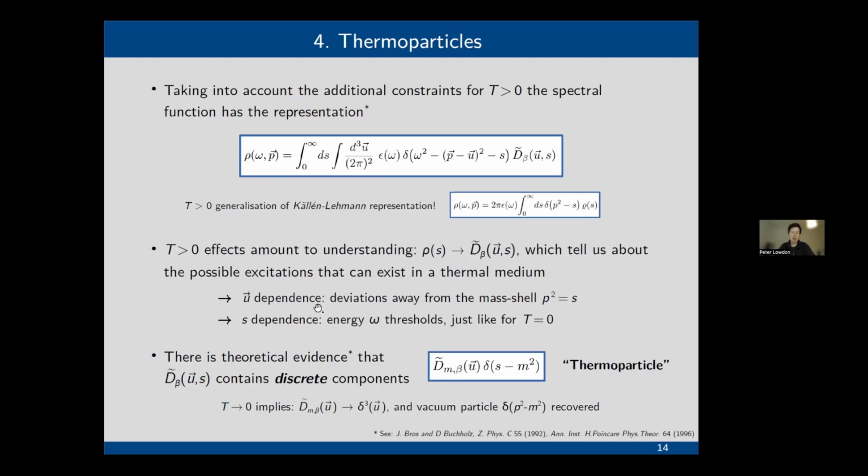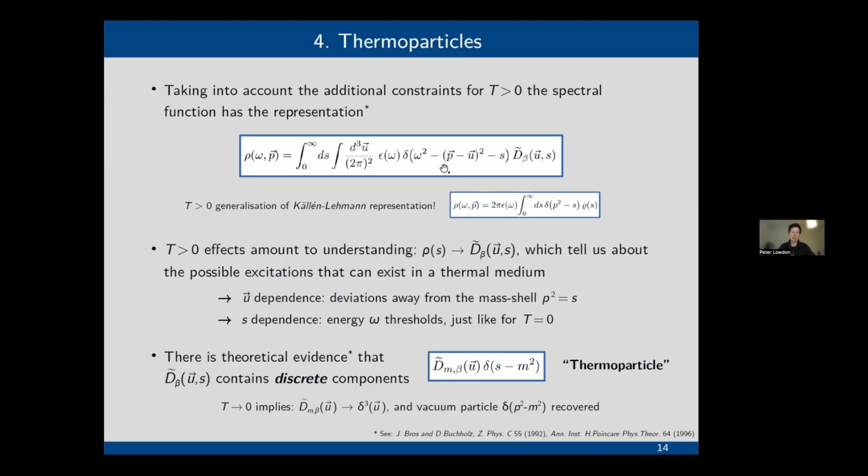If you squint at this equation for long enough, the u dependence tells you how far off shell you can be, so it measures the off-shellness. When u is non-vanishing, you'll be off the mass shell. And the s dependence tells you about energy thresholds in your theory, just like in the vacuum case. So this is a causal representation which is non-perturbative and model independent.